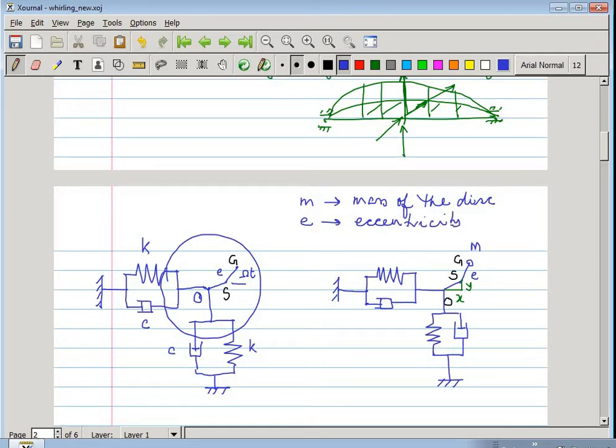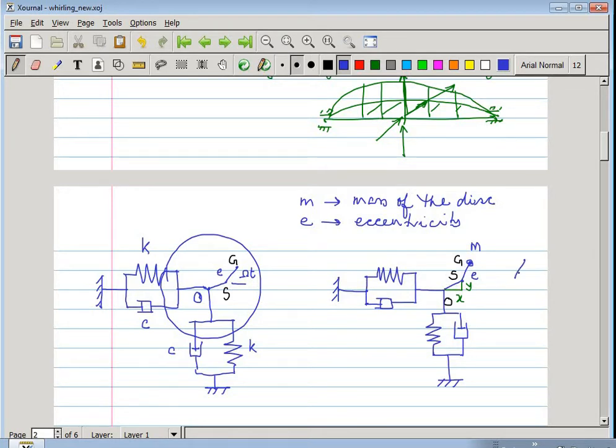So you can draw it like this: a particle of the same mass M as the disc at a distance E. This is the location on the shaft where the disc is mounted, so SG is E. Here, instead of showing the whole disc, you are just representing it by a particle of the same mass at the center of mass. G is the center of mass.